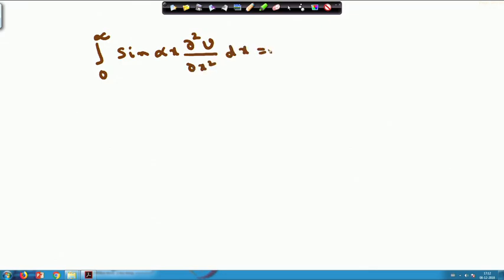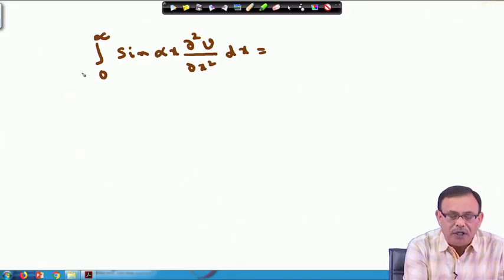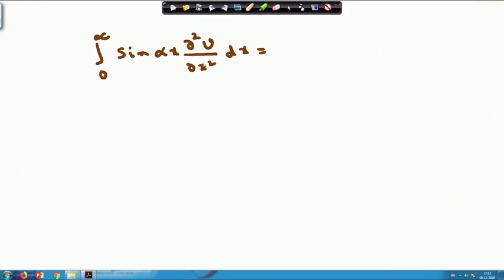I am not taking the root 2 by pi or 1 by root 2 pi factor. If I omit that, then the Fourier sine transform of the function del 2 v del x square is this integral.